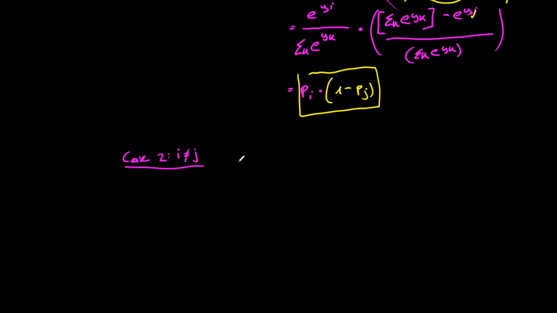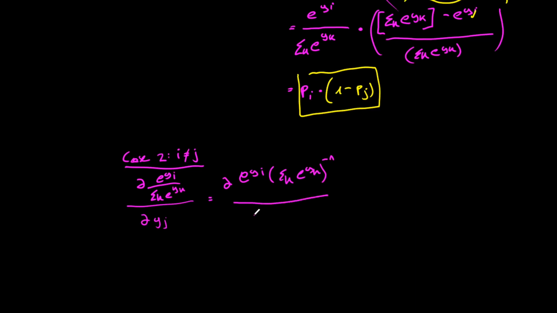So in this case, let's write the derivative of e^(y_i) divided by summation over k of e^(y_k) with respect to y_j. This is the same as, and as we did before, I'm going to express this as a multiplication, e^(y_i) multiplied by summation over k of e^(y_k) to the power minus 1, with respect to y_j.